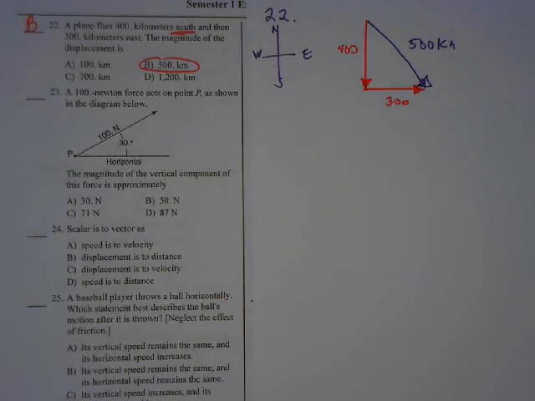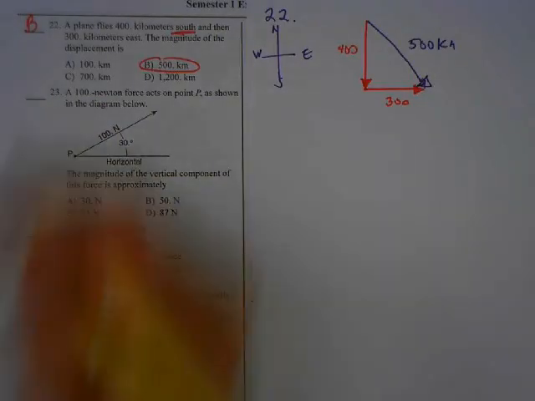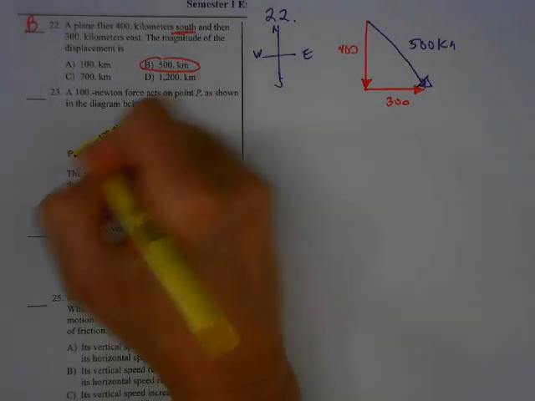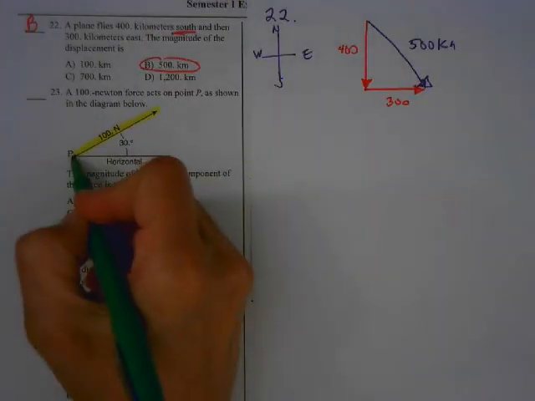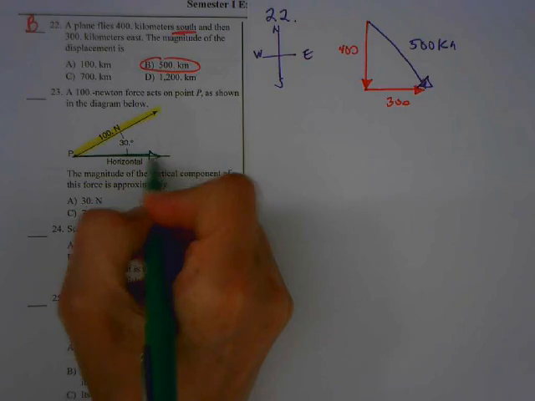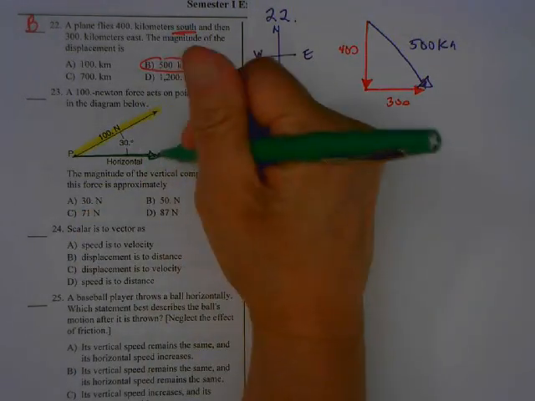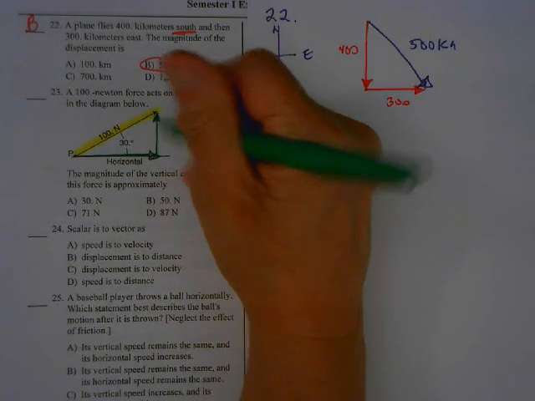Number 23, a 100 newton force acts on point P. What's the magnitude of the vertical component? So again, this is my vector here. Every vector can be broken up into horizontal and vertical components. This is where I start, and then I go like this because components are perpendicular.